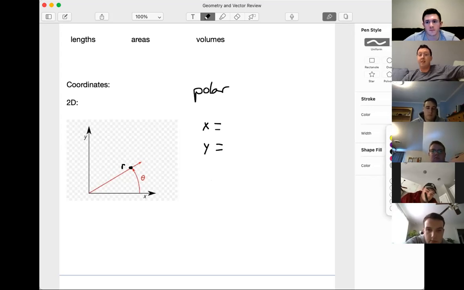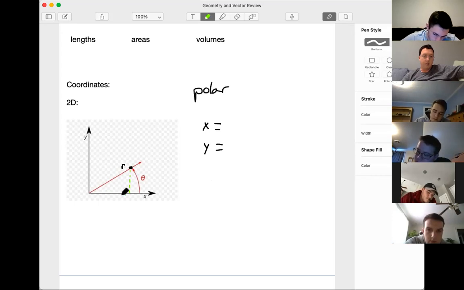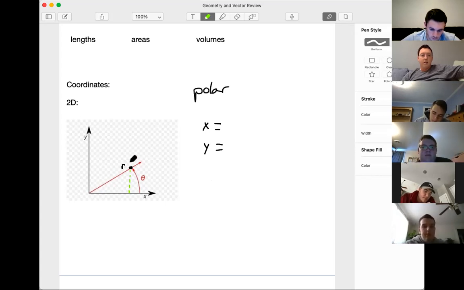Trig, yeah, that's it. So here's my point, and you just drop down. There's a triangle that sits underneath this point, and r, the radial coordinate, becomes the hypotenuse of the triangle, and theta is the same theta.